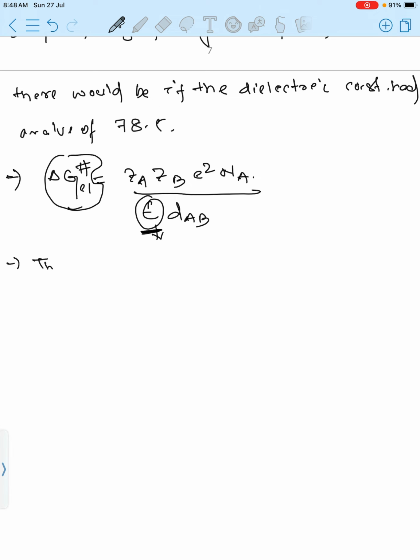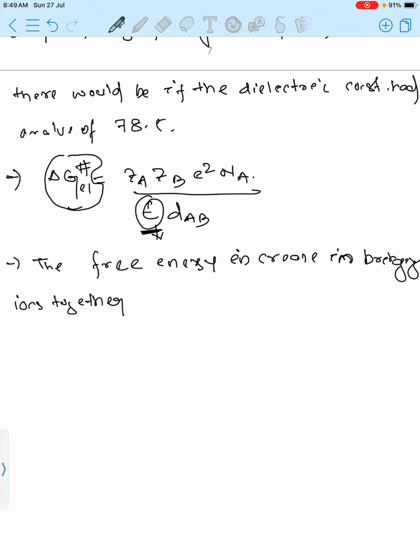Therefore we can write that the free energy increase in bringing ions together is increased by this effect.